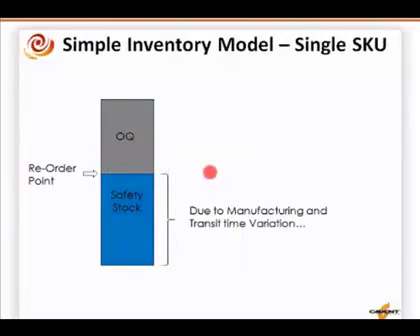The safety stock is based on what? It's based on manufacturing and transit time variations for the most part. As we mentioned before, there's limited capacity. It takes time to move the goods from the factory that's making them to the DC at which you're storing them, and there's variation in that transit time.